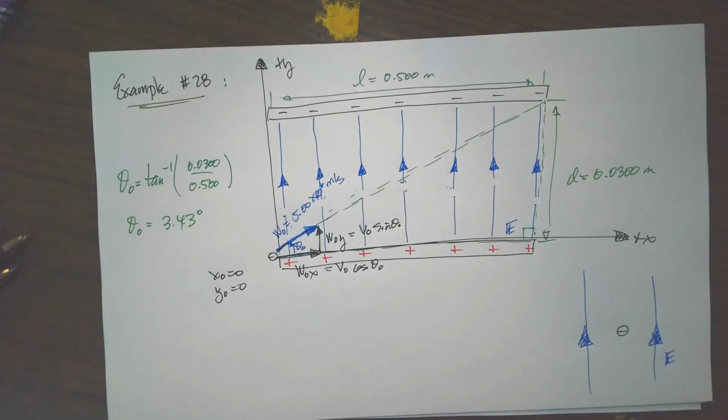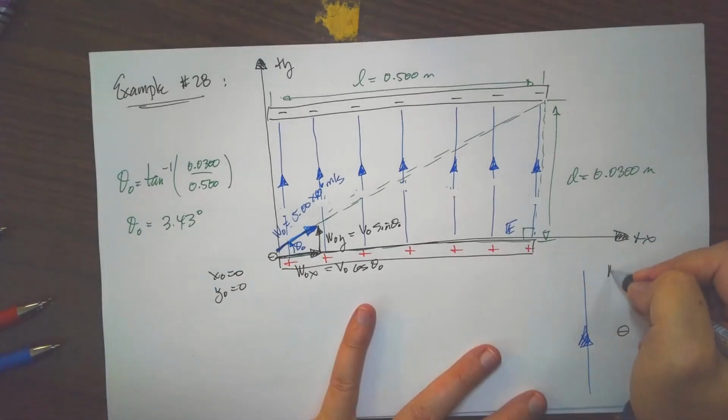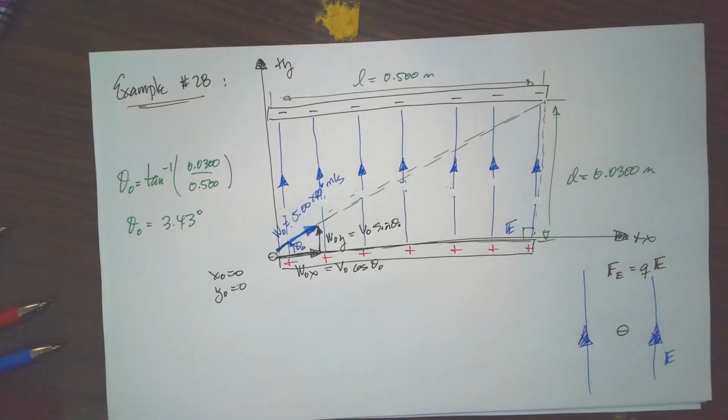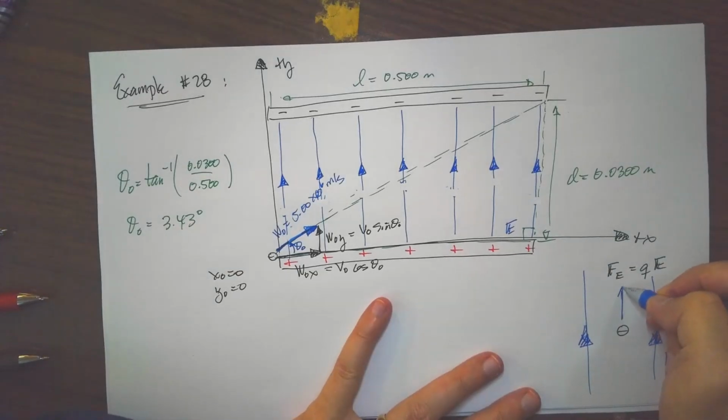Now, what we can get is our electric force. Remember that the electric force on the charged particle inside the field is just Q times E. But since the charge is the electron and the electron is negatively charged, tell me about the direction of the force compared to the direction of the field. We know our electric field vector is going to point up.